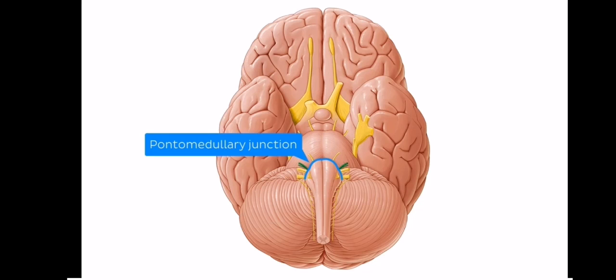It arises from the pontomedullary junction between the abducens nerve and the vestibulocochlear nerve, which are the sixth and the eighth cranial nerves respectively.